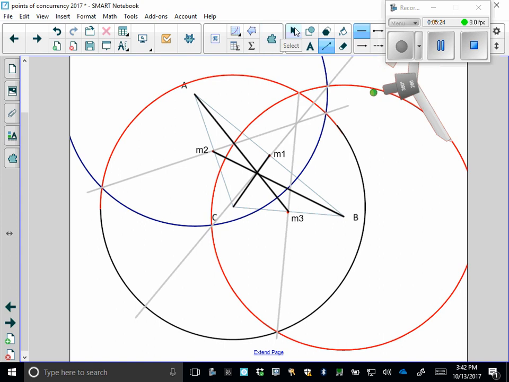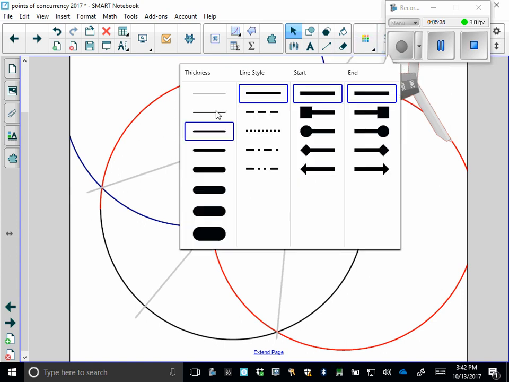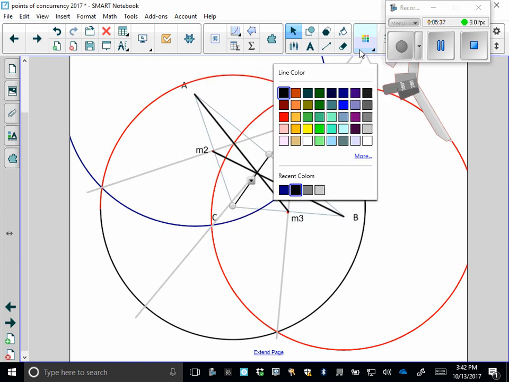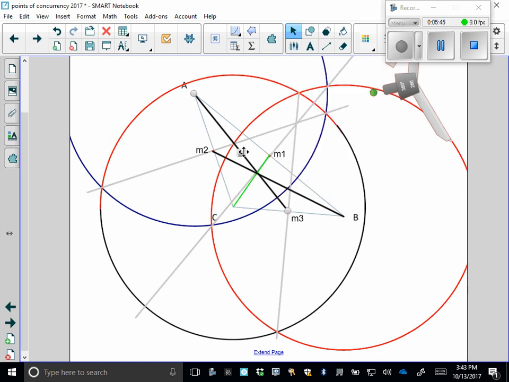And I'm going to make those a little thinner. Make bright green. Didn't get them all.